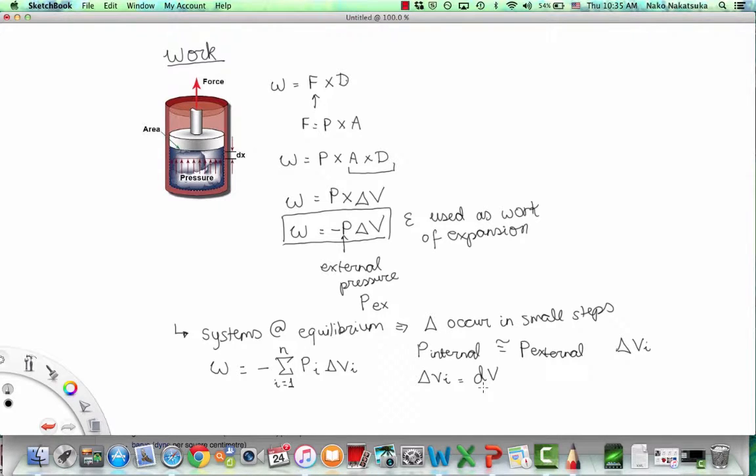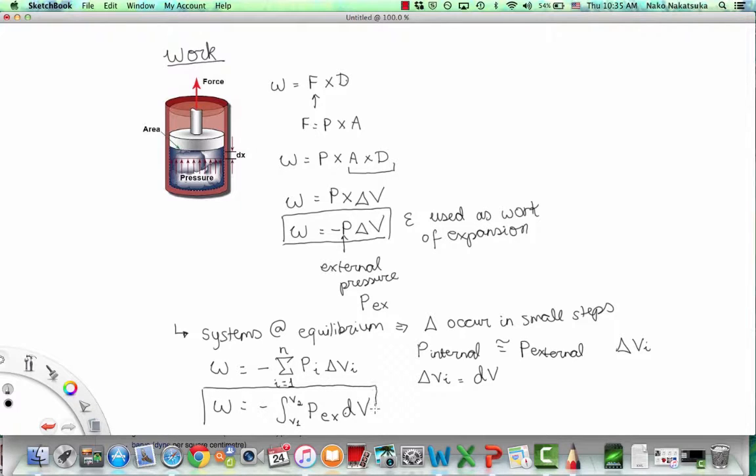To sum an infinite number of steps, we use the integral. So now work equals the negative integral V1 to V2, P external, dV.